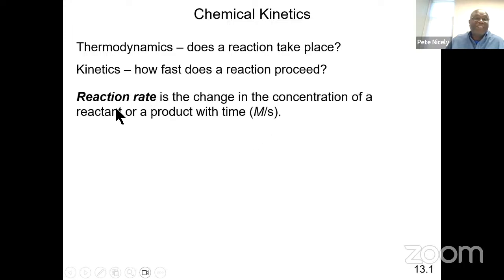So at this juncture, I want to introduce to you the concept of reaction rate, right? And as stated here, the reaction rate is the change in the concentration of a reactant or a product with time. And you'll notice that they put the units here as m/s.